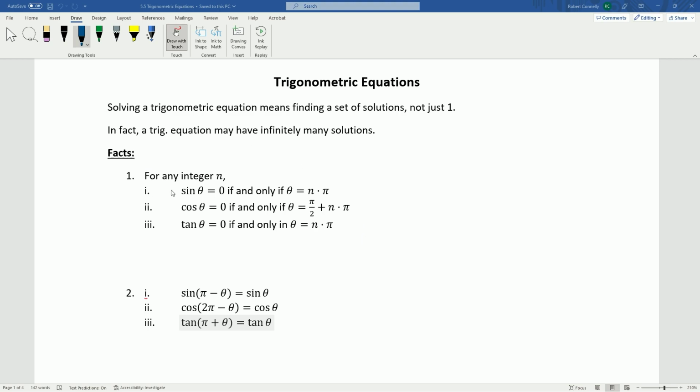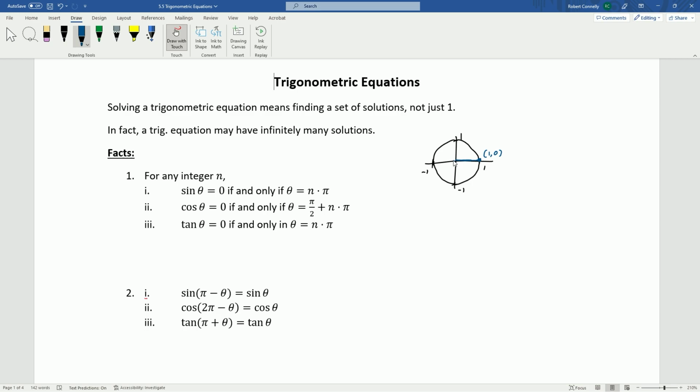So to start, for any integer n, sine of theta equals 0 if and only if theta equals n times pi. This is pretty straightforward. If we just sketch the unit circle real quick here, we see on the unit circle there are immediately two angles that obviously correspond to a y value of 0.